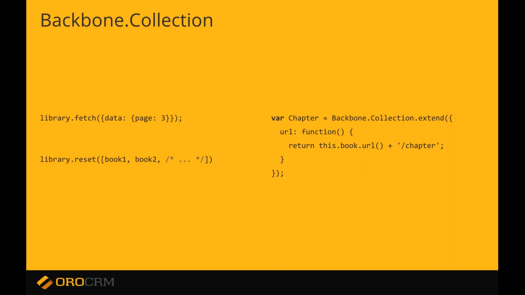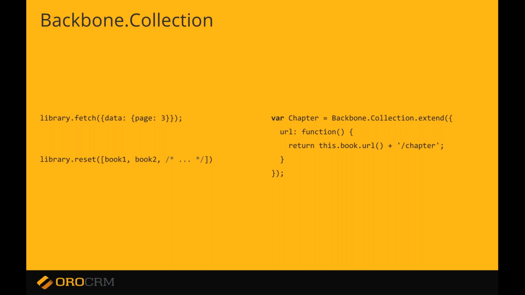Okay, go further. So there is some example. You can see other ways to work with collection. The same way that we did with model, we can call the fetch method of collection and specify options for the fetch action. For example, you can see that here we fetch only the third page of books. So fetch data with some options.